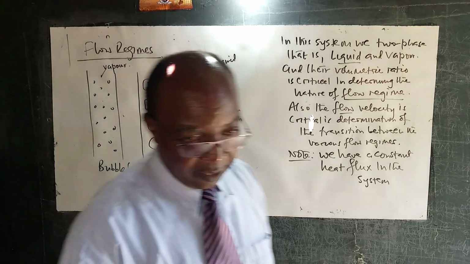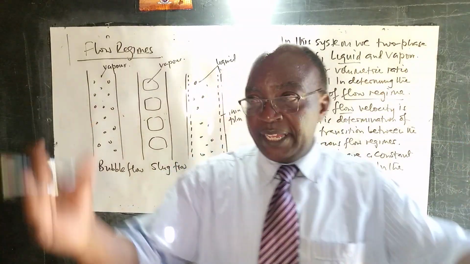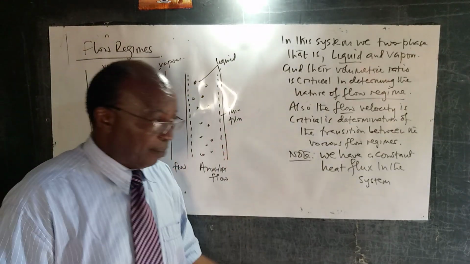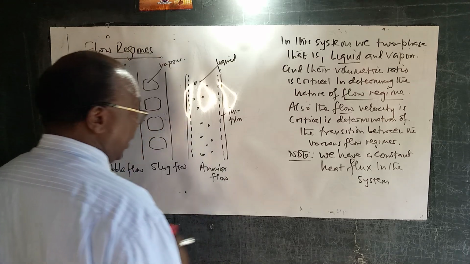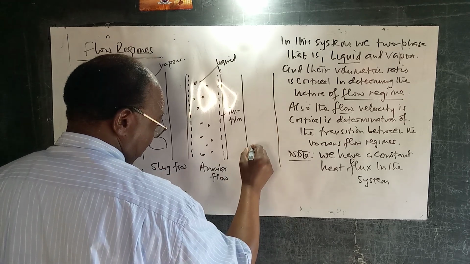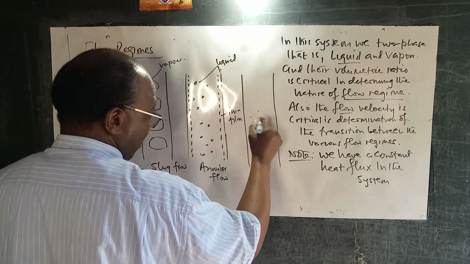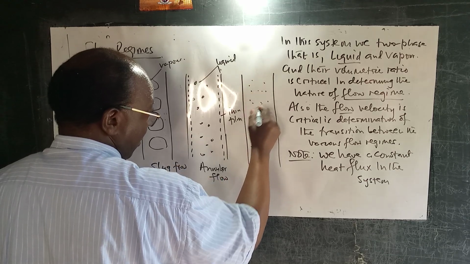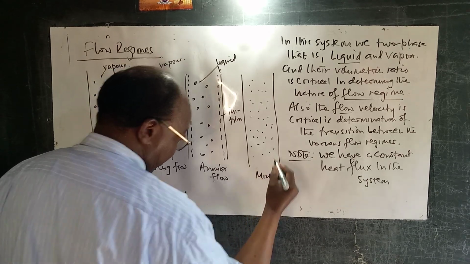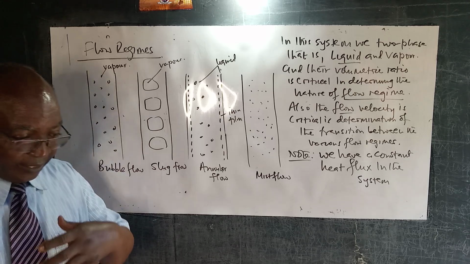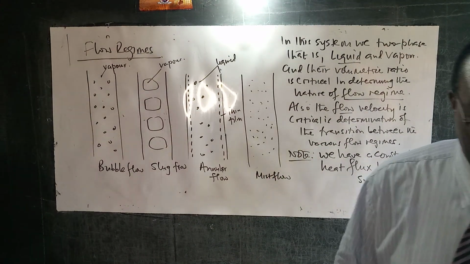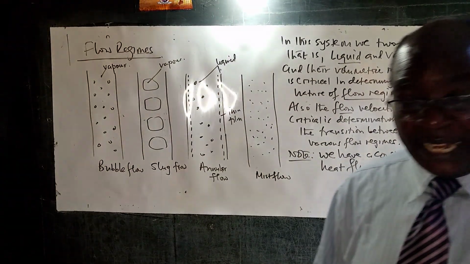And finally, of course, as the heating has taken its toll on the liquid, we are approaching the vapor completely. So we have the mist flow. So I repeat, we have the flow regimes, and the flow regimes are determined by the volumetric ratios of the liquid and the vapor.